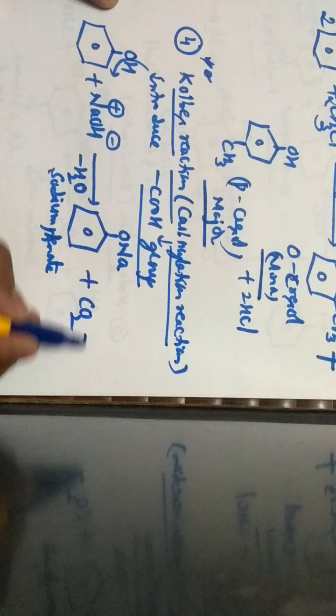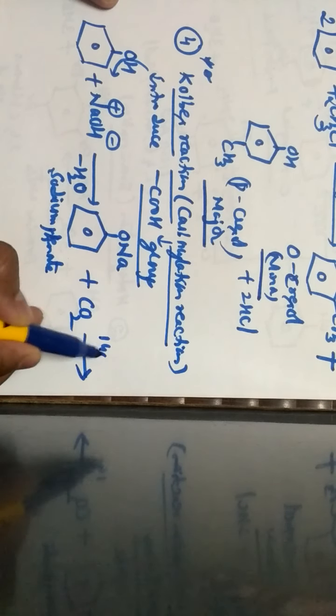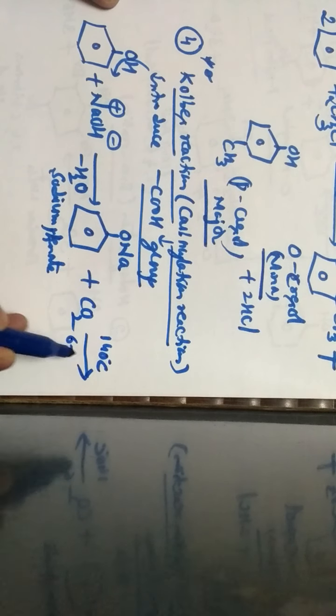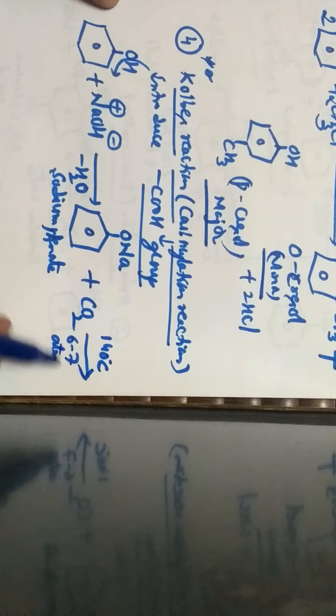This sodium phenate is made to react with carbon dioxide by maintaining a temperature of 140 degrees Celsius and a pressure of 6 to 7 atmospheres. When this condition is maintained, the reaction is quite interesting.